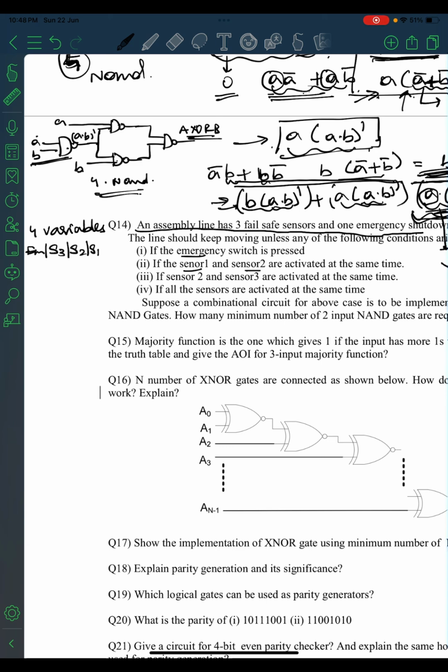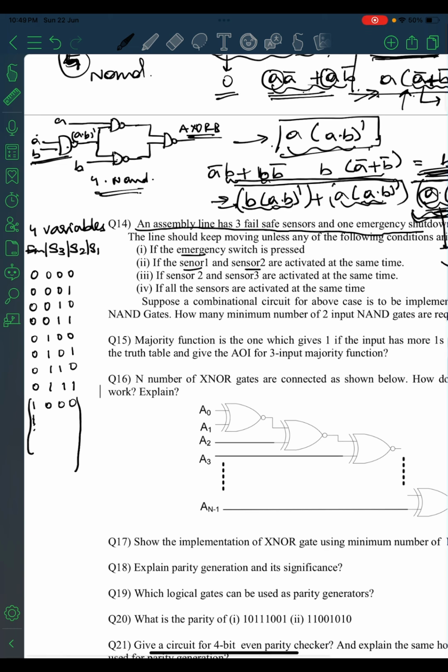So if you look at this, it's 0000, 0001, 0010, 0011, 0100, 0101, 0110, 0111, 1000. And for all these 8 values, the output is 1, because of the emergency switch.